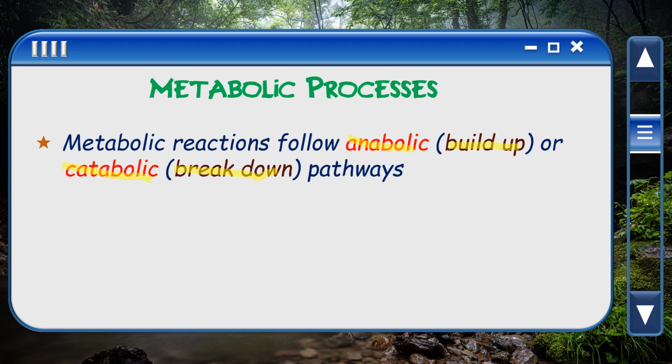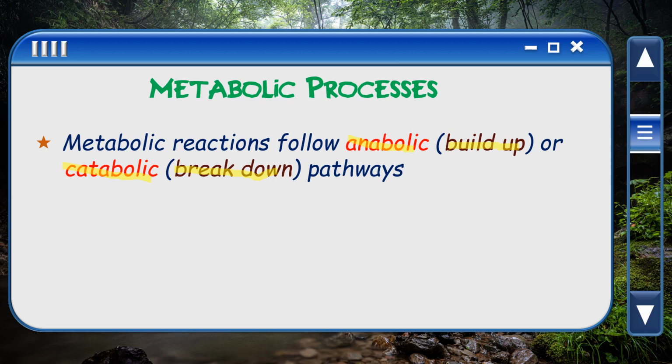For example, we have talked about synthesis, where we are building macromolecules from simpler molecules. That means that we are building up. For example, from amino acids, we build up proteins. So when we are building up, that is what we call an anabolic reaction. It's a metabolic reaction, which is anabolic.